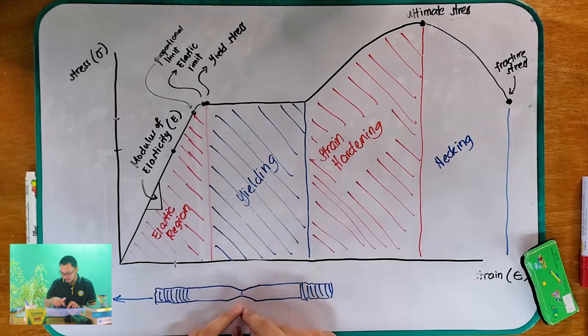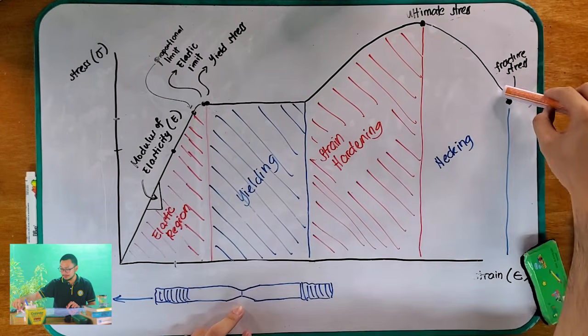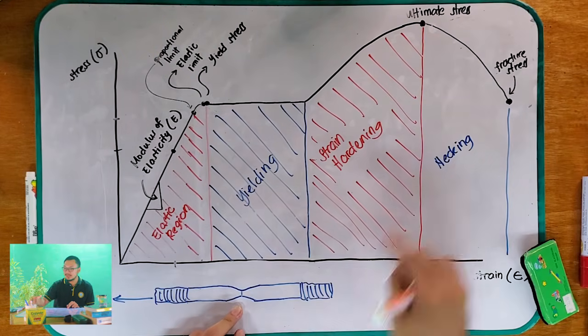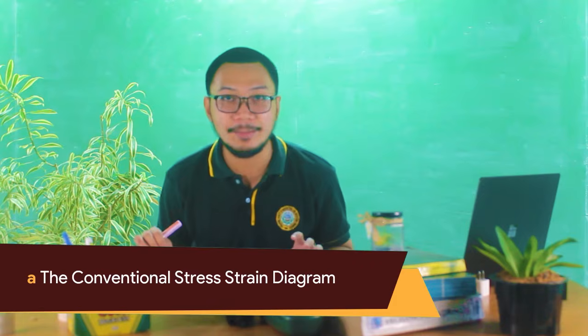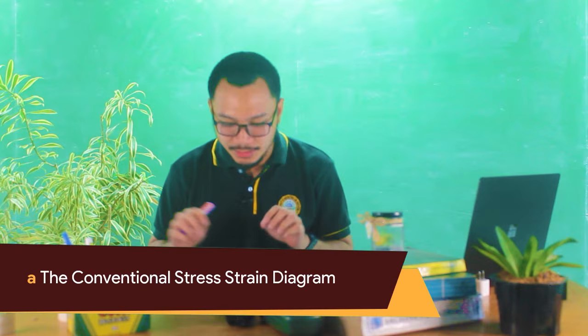Okay? Pero sir, nganong minaog man ang atong curve? Because this curve is actually your conventional stress-strain diagram, wherein you assume that the cross-sectional area of your specimen did not change. Pero in the actual, ni-gamay ang cross-sectional area. So, kung imo i-assume nga constant ang cross-sectional area and same amount of force nga imong gi-apply, di ba, mas gamay siya compared sa atong gipagamay ang cross-sectional area.